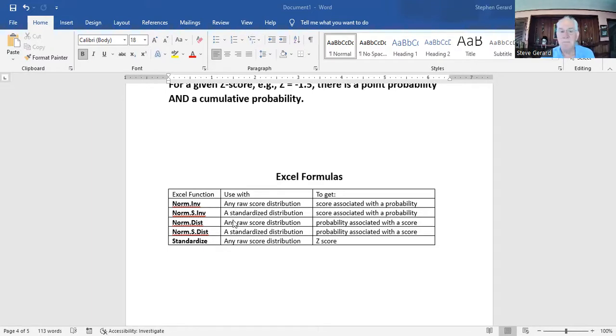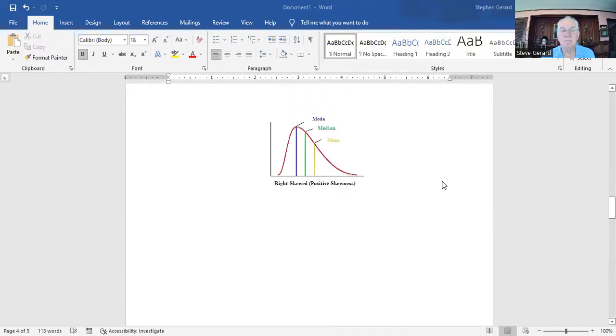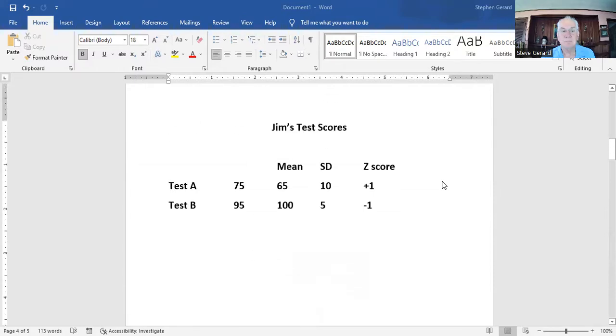Then the question is, do I have a raw score or do I have a standardized score? Norm.inv and norm.dist work with raw score distributions. Now I go back here. These are raw scores.